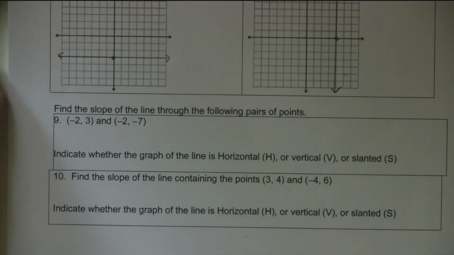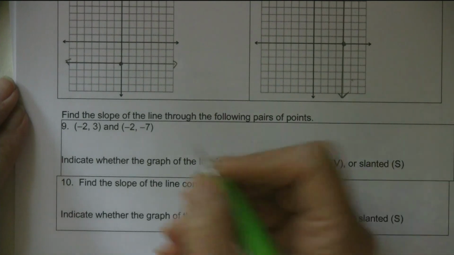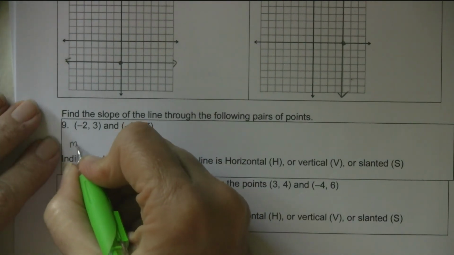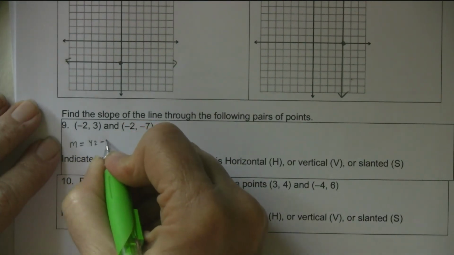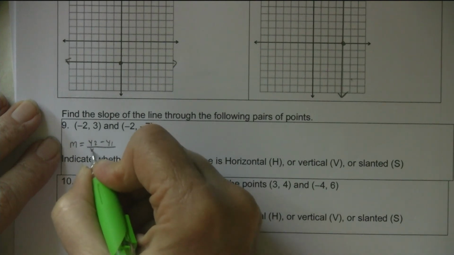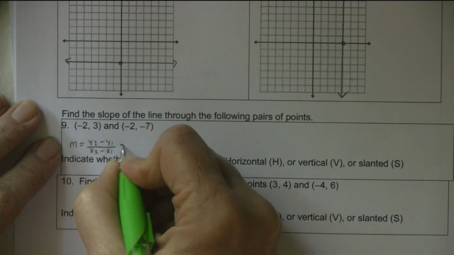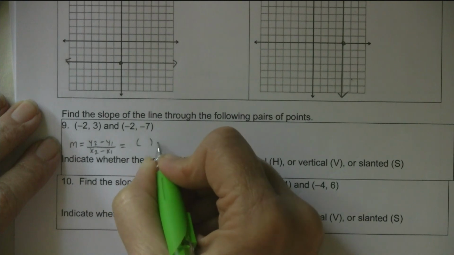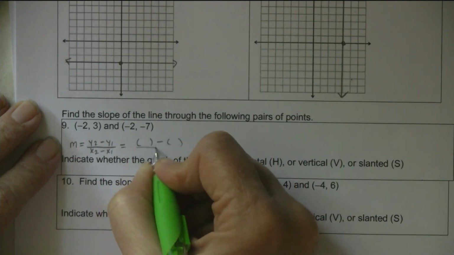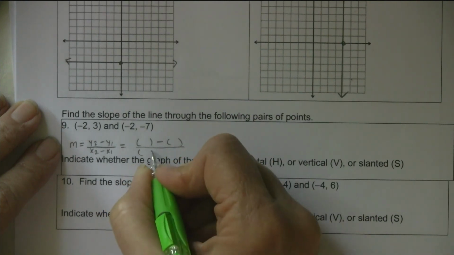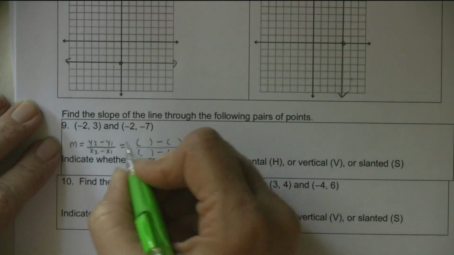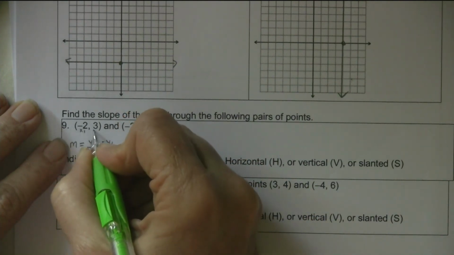Here they're asking me for the slope through the points, and then for me to say what kind of line it is. So the slope, remember this is the slope formula. And I have to be careful here because I was told that on one of these, when I was finding the slope, I substituted in the wrong value by accident.